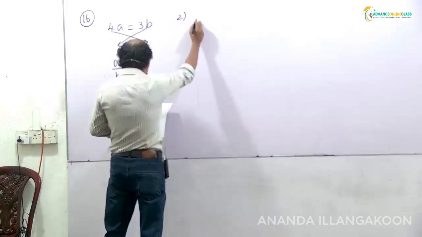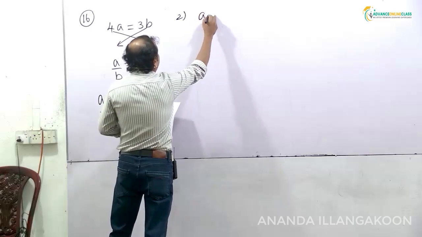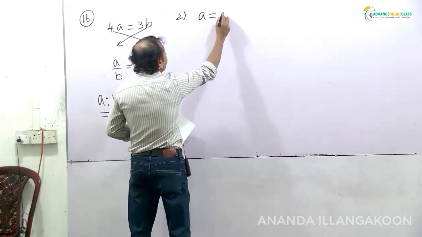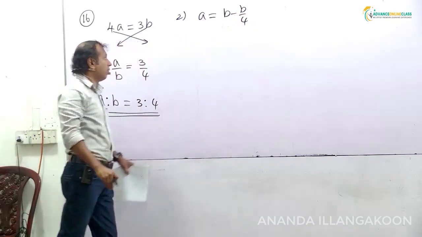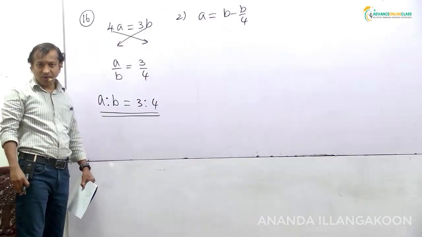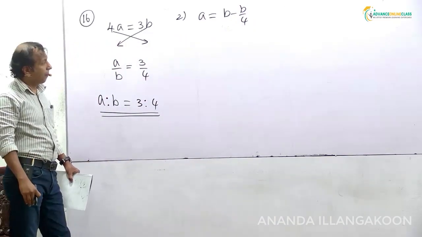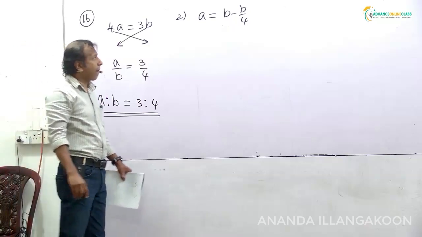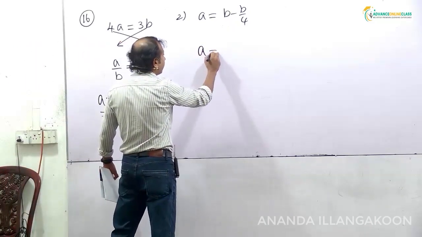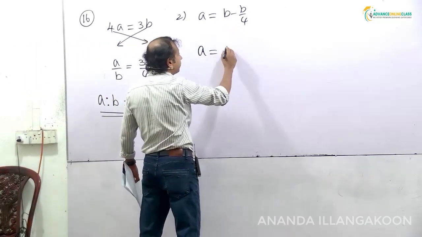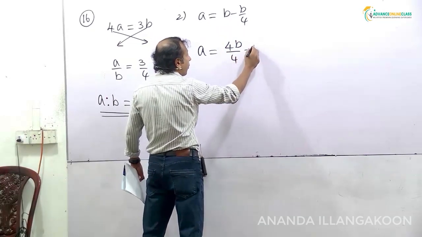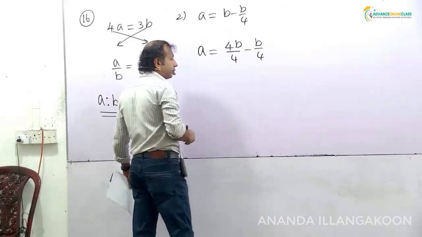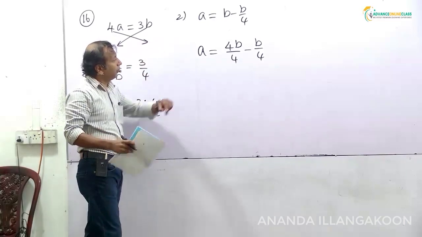Number 2. A equals B minus B by 4. I can write it like this: this B I write as 4B divided by 4, minus B by 4. Correct, no?